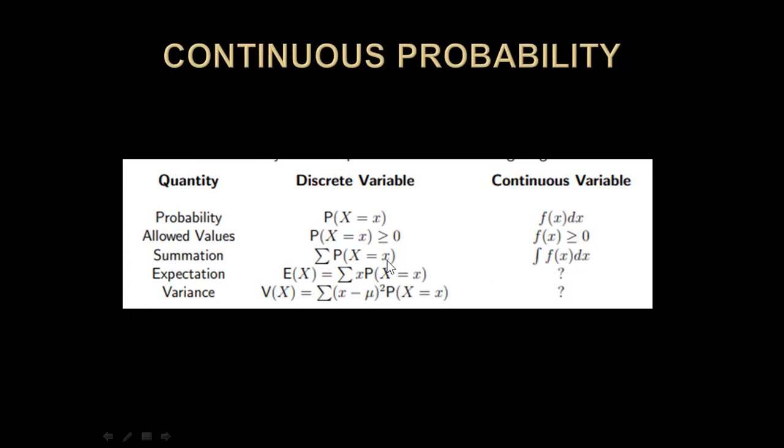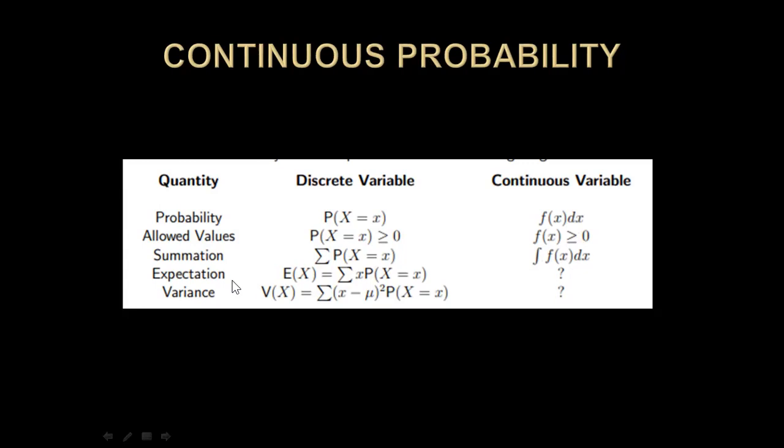For the summation, we have sigma of the probability of X equal to x, whereas for a continuous variable, this is equal to the integral of f of x dx.